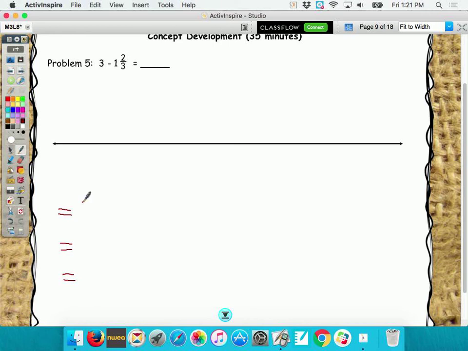So, do you remember on the first problem we did with the tape diagrams, I stuck a little plus sign between? Well, I'm going to stick a little subtraction sign in there. So, 3 minus 1 minus 2/3. Okay. So the subtraction problem starts on the right.